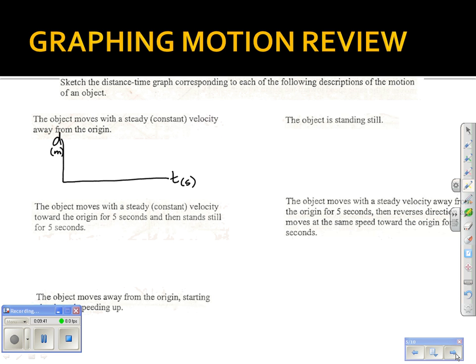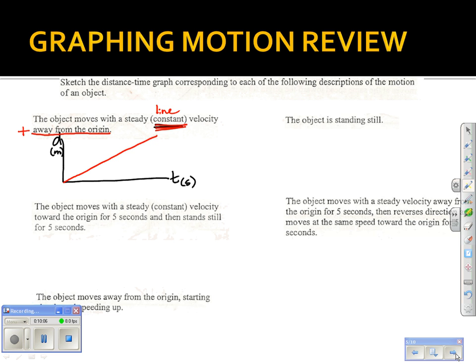Since we're going to make it a constant, steady velocity, and it's away from the origin, I'm going to make this a positive line. Okay, it's a line because it's constant, and away from the origin makes it a positive value.